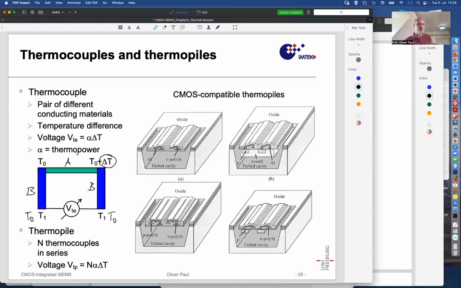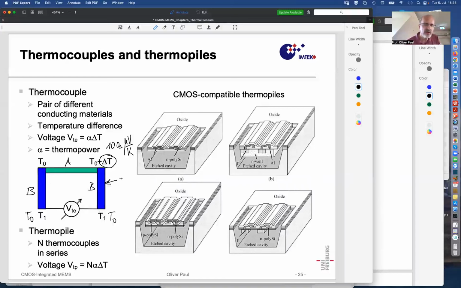It can be some hundreds of microvolt per Kelvin of temperature difference. I also noted here T1. So the measurement is done at another temperature than the two temperatures to which A is exposed.